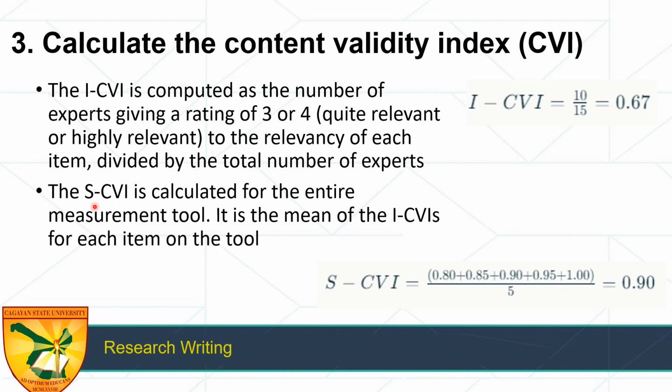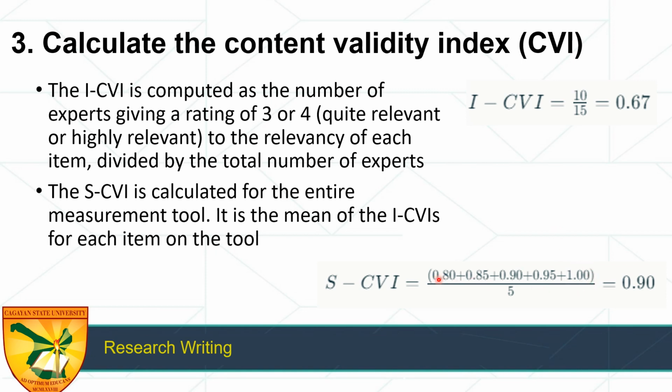For the scale level CVI, this is calculated for the entire measurement tool, as said a while back. So it is the mean of the ICVIs for each item on the tool. If you have, for example, a tool with 5 items, and their ICVIs are 0.80, 0.85, 0.90, 0.95, and 1, the SCVI would be calculated as follows.